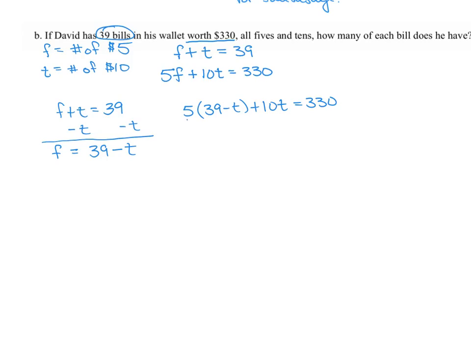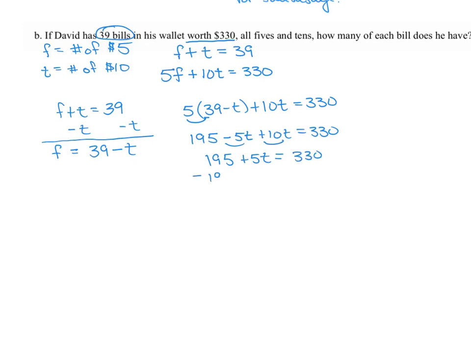We go ahead and distribute. 5 times 39, I get 195. Minus 5T plus 10T equals 330. We combine our T terms. We get 5T plus 195 equals 330.